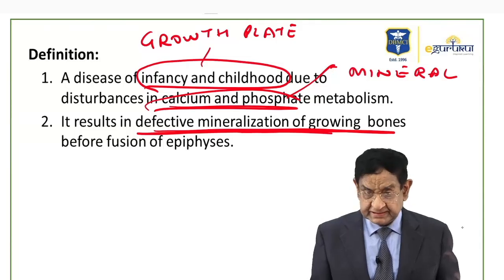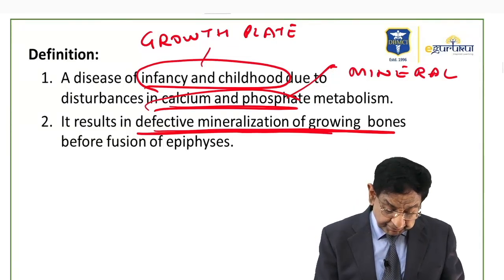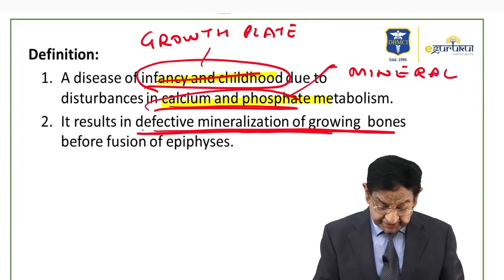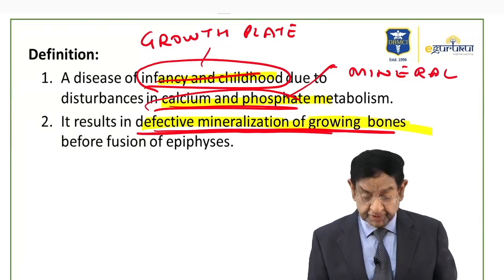I discussed that point, but I still wanted to cover it in the definition. So the keywords are infancy and childhood, calcium phosphate metabolism, defective mineralization of the growing bone.